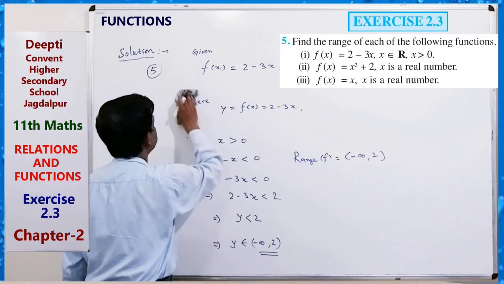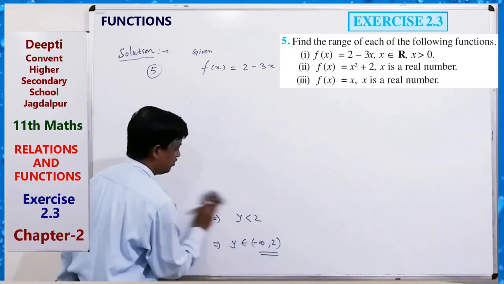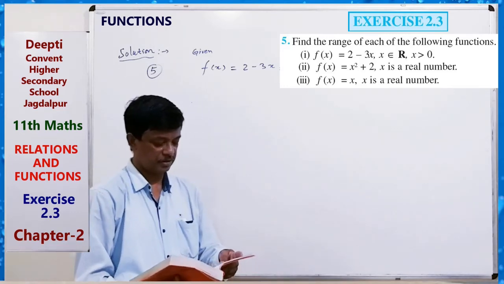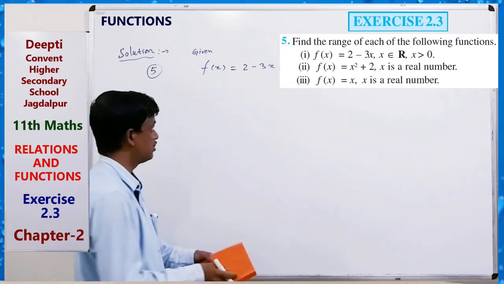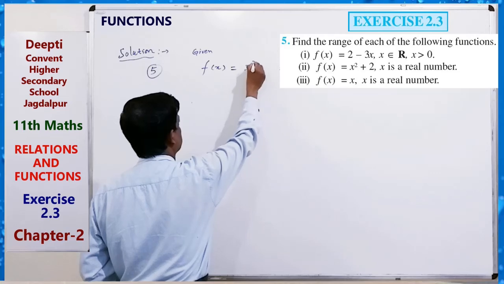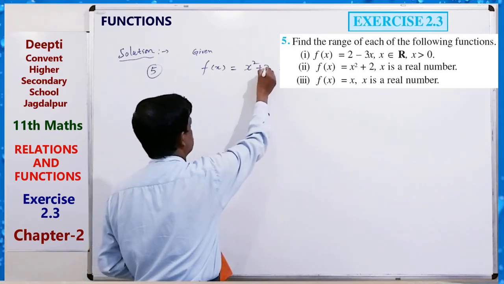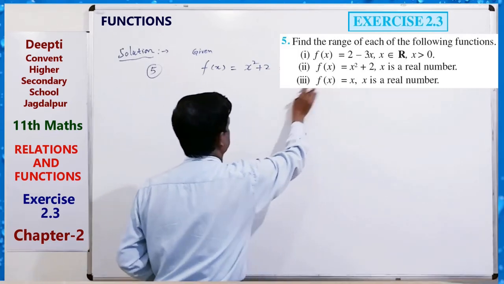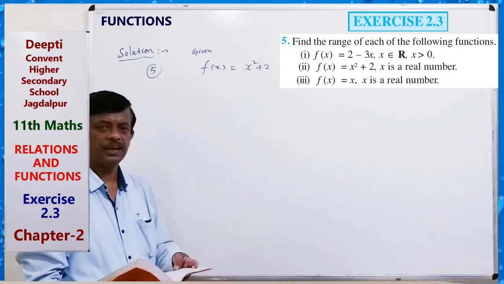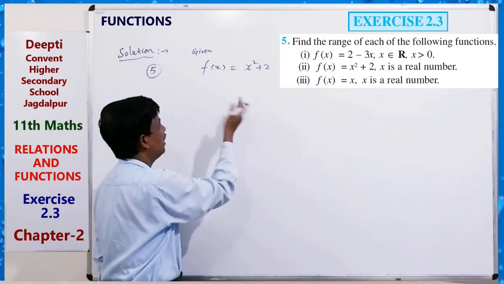Take the second question. Here f(x) equals x square plus 2, where x is a real number.